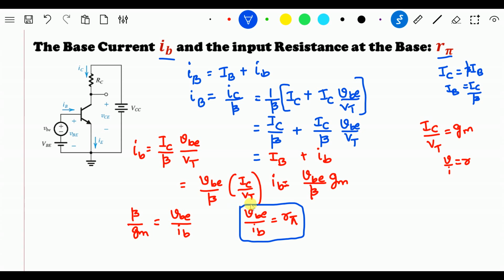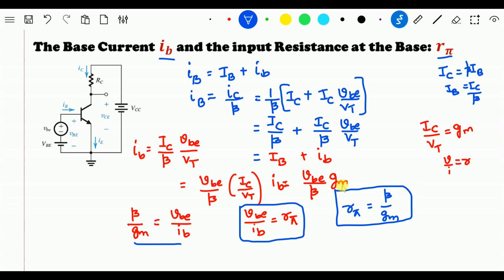I think you now know what r pi is. Since beta by gm equals vb by ib, r pi is also equal to beta by gm. So these are the two values for r pi.